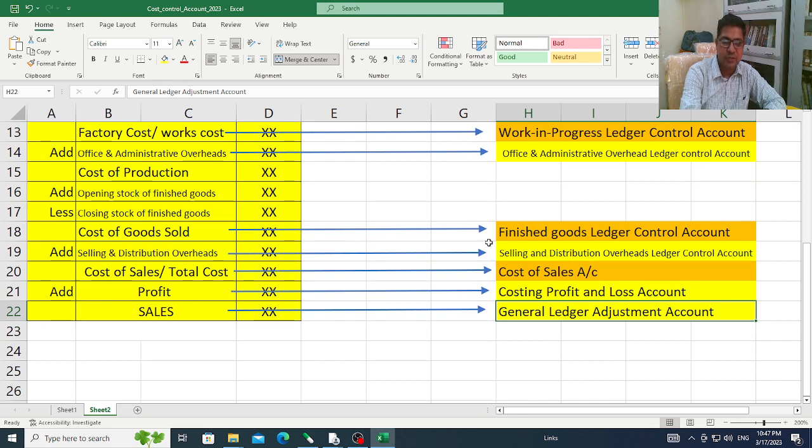Selling and distribution overhead is called selling and distribution overhead ledger control account. Cost of sale or total cost is called cost of sale account, profit is called costing profit and loss account, and sales is called general ledger adjustment account.